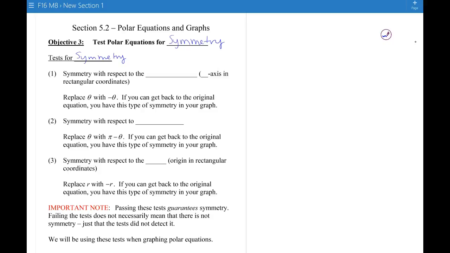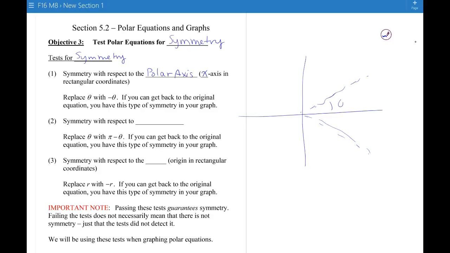So we're going to start with symmetry with respect to the polar axis. This would be the x-axis if we were in rectangular coordinates. We're asking if you see symmetry along a line with the same theta and negative theta.